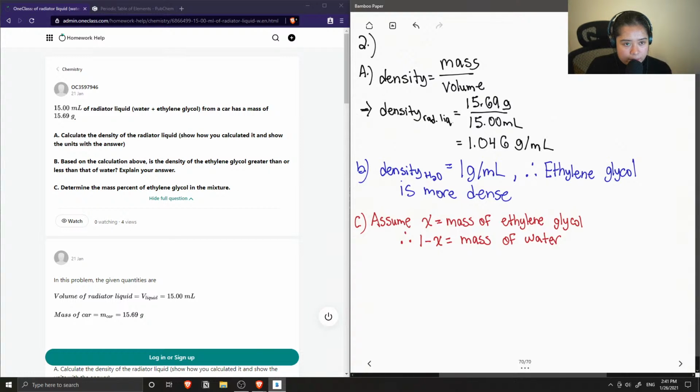So now let's plug it into this equation where we're trying to determine the mass percent of ethylene glycol in the mixture. So first we need the density of pure ethylene glycol.